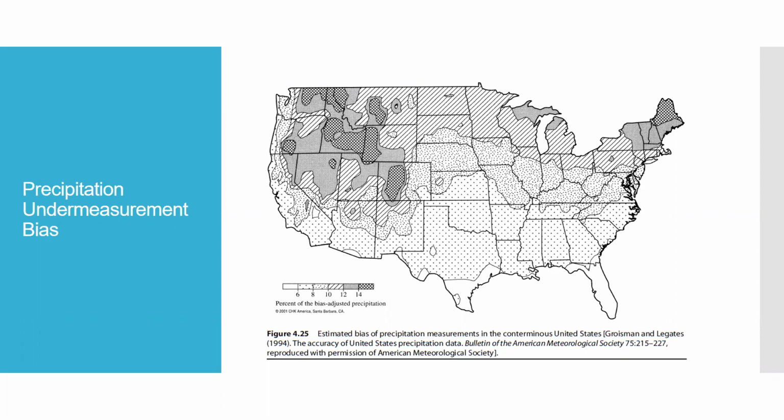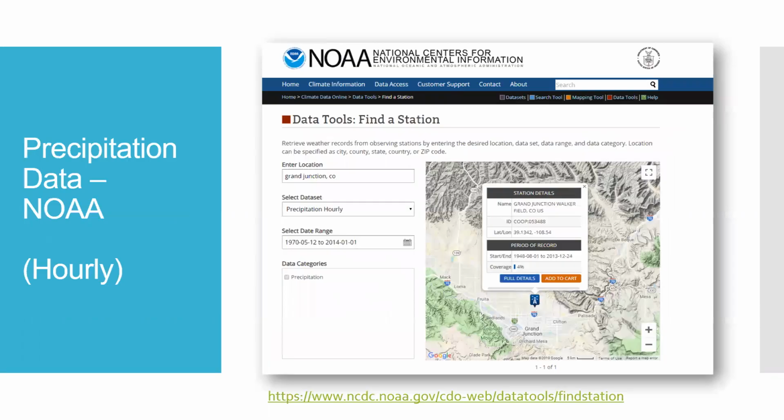But where we have sparse data, where we have really strong gradients, and we'll talk about uncertainty in rain gauge measurements in a minute, we can actually under or overestimate rainfall. In this case, it looks like we're underestimating rainfall, especially in the West, where we have a lot of mountains and really big gradients in rainfall and precipitation estimates.